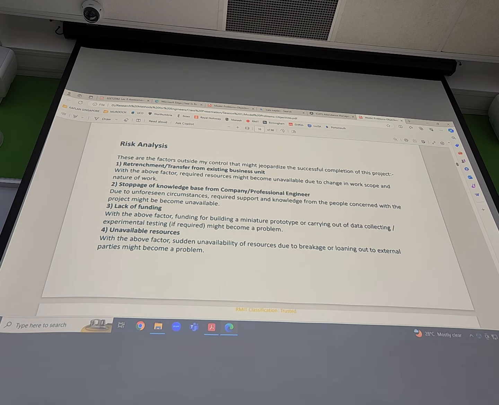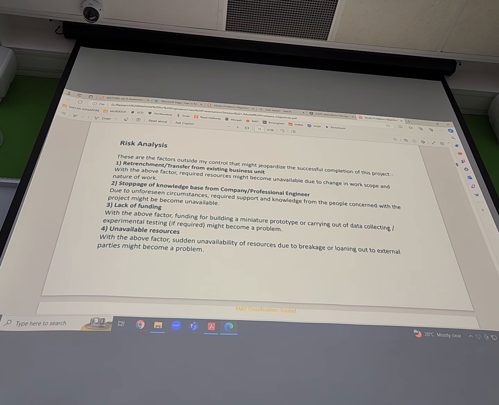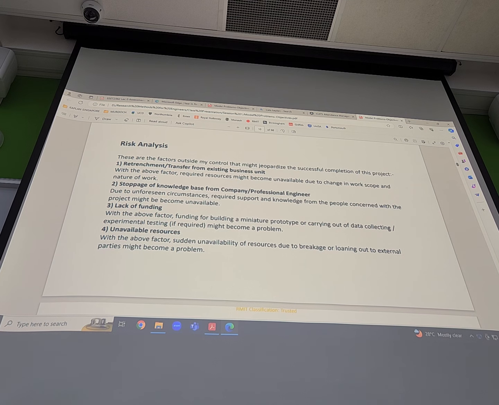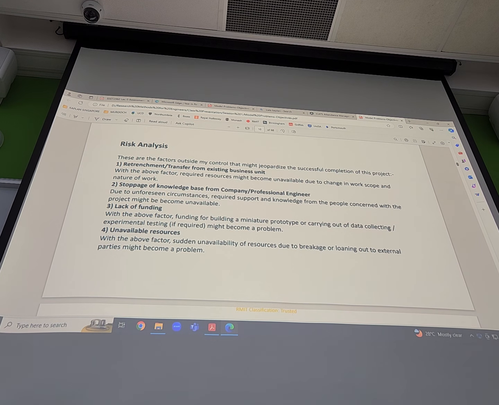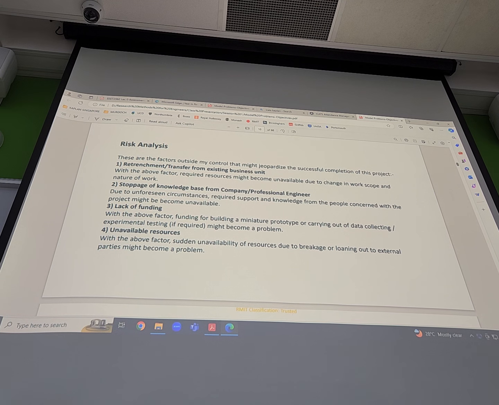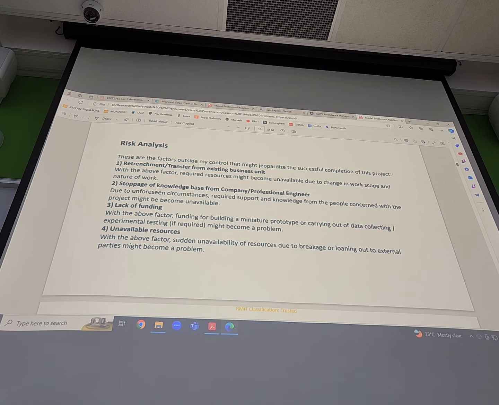Conducting a risk analysis. This is what is required when you write your proposal. All proposals should have a risk analysis. We need to identify what alternate plans are planned.